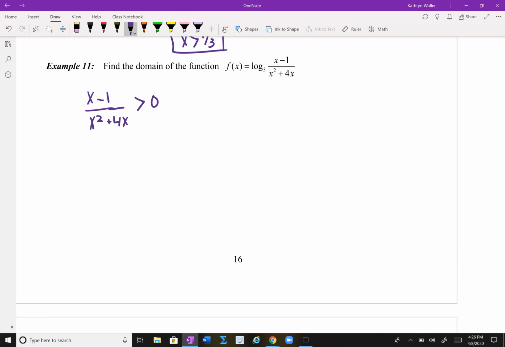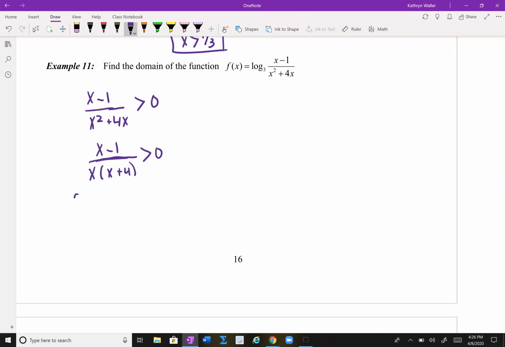Well, now it's weird because you've got a fraction. Well, this is a critical numbers type 2, actually. So you have to remember all the steps for critical numbers type 2, which is get a 0 on the right, done. Get a common denominator, done. The next step is to factor. So on the bottom, I'm going to take out an x, and I'm left with x plus 4.